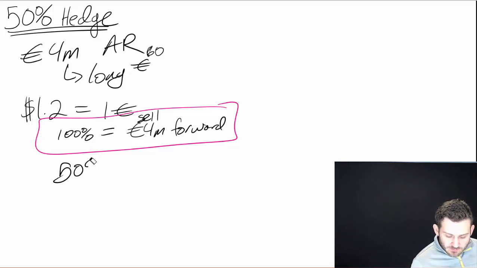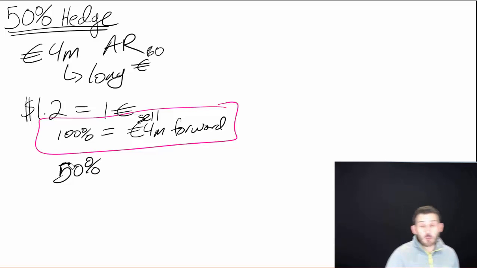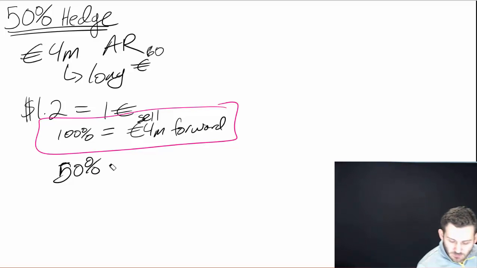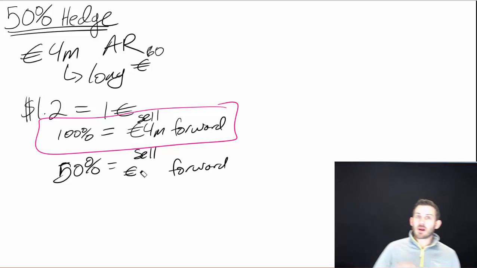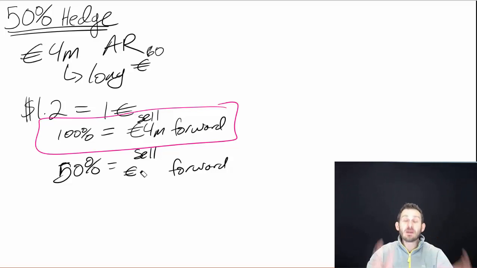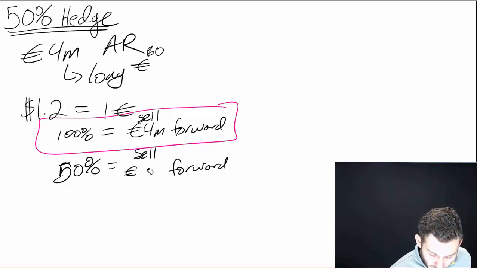Now, if we're looking at this as a 50% hedge, how much do you think we're going to be selling forward? If we're using the forward market, we are going to sell euros forward, but only 50% of our exposure, so we're going to sell 2 million forward.